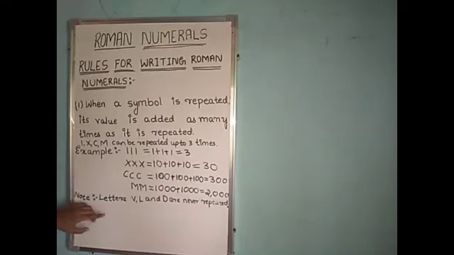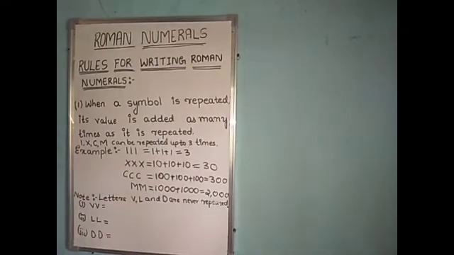Here one note is that letters V, L and D are never repeated. Remember, letters V, L and D are never repeated. For example, here how many times is V repeated? 2 times. What is the numeric value of V? The numeric value of V is 5.